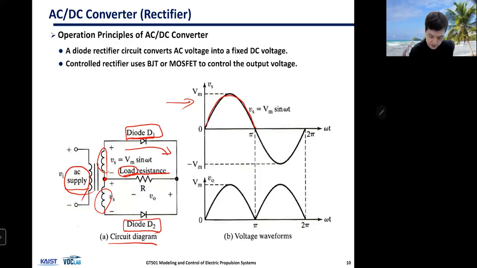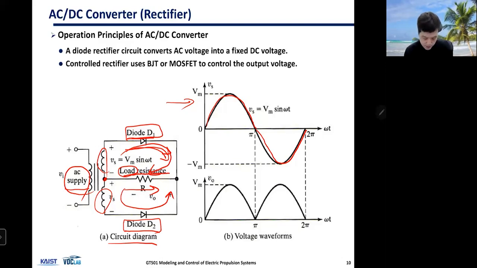So when you have positive direction voltage and current, then the current can only flow in this direction, but it cannot flow in this direction. So you get this type of current flow, but when you have a negative voltage signal, then the current flows in this direction. Okay.